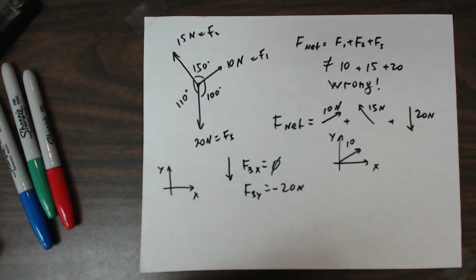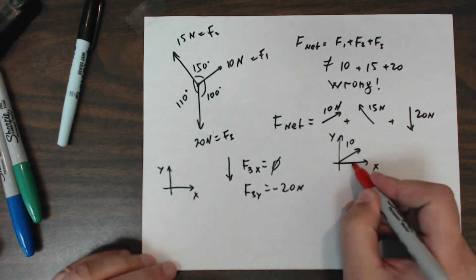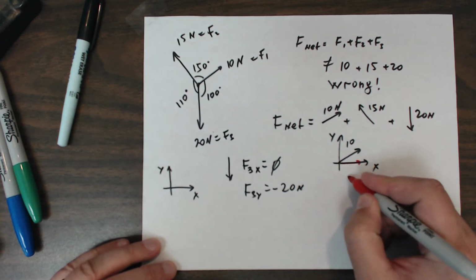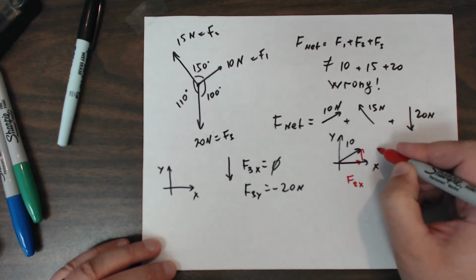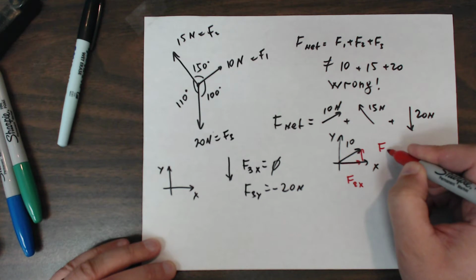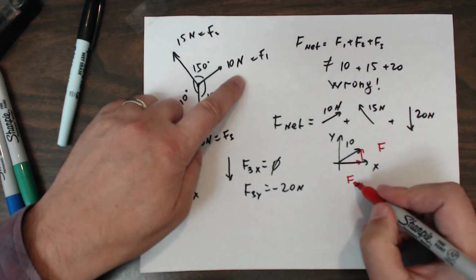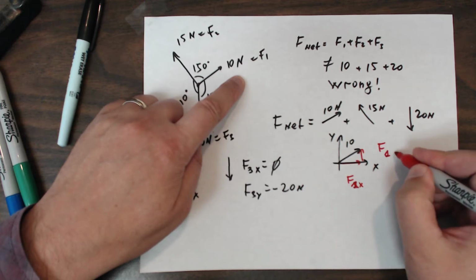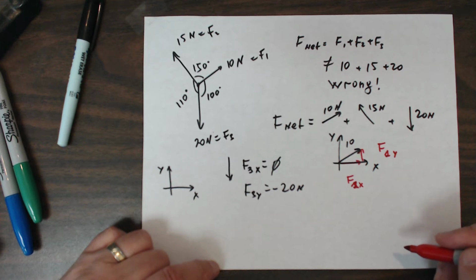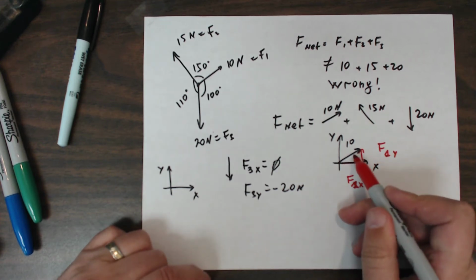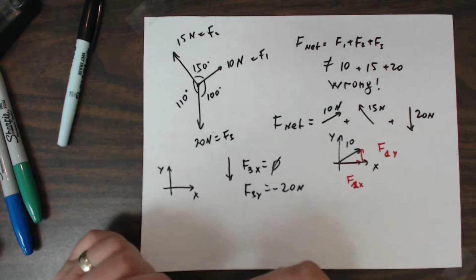Now this arrow has 2 components. The x component points to the right, the y component points up. So as we know, a vector together with its components always form a right angle triangle.